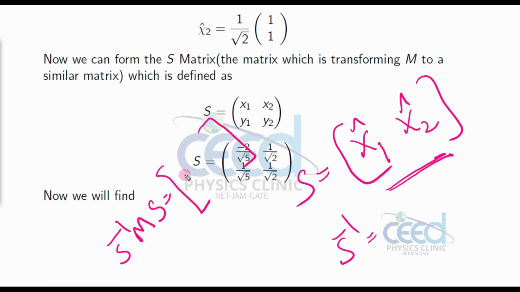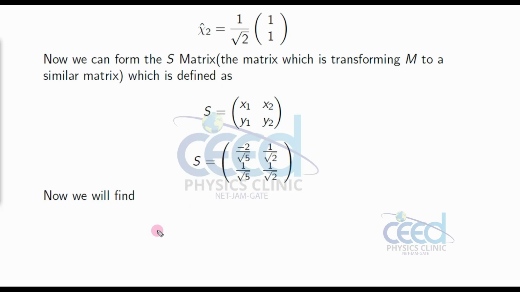Suppose its eigenvalues are 2 and 5. So here you have 2, 5 and all other elements are 0. So it is diagonalized, and it has an important property that these diagonal elements are the eigenvalues of this particular M. This is the significance of this diagonalized matrix.